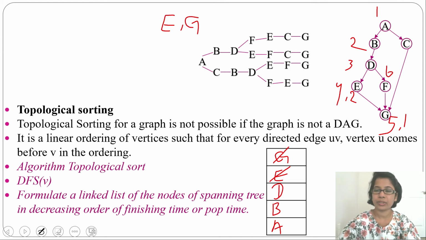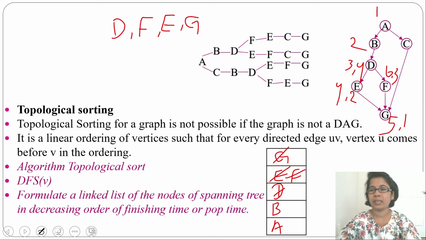Now is any adjacent of F left? No, so just pop F. I'll write 3 here and pop F. Whenever you are popping, you just write in the list. Then I'll pop D because no adjacent of D is left, so I'll write D. Then I'll pop B, so I'll write 5 here.